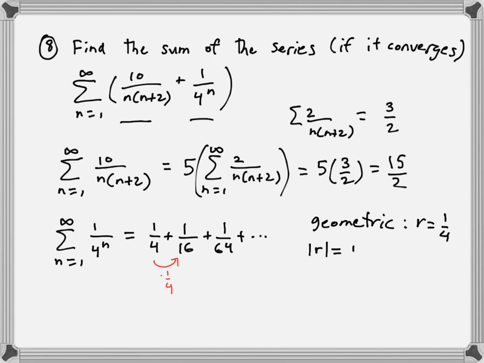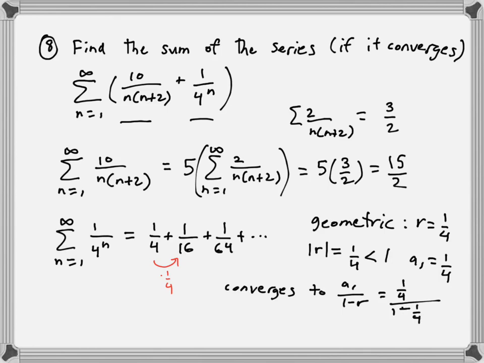The absolute value of r is 1/4, which is less than 1, which means that it converges. And what's a1? The first term is 1/4. Remember, it converges to a1 over 1 minus r, which is 1/4 over 1 minus a fourth, which is the same as 1/4 divided by 3/4, which is 1/3.